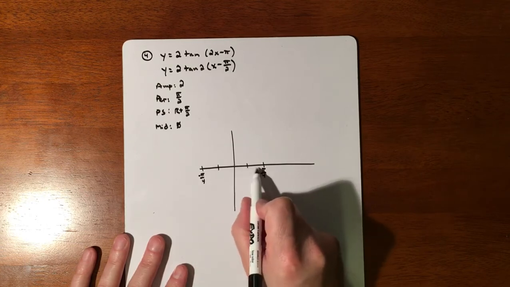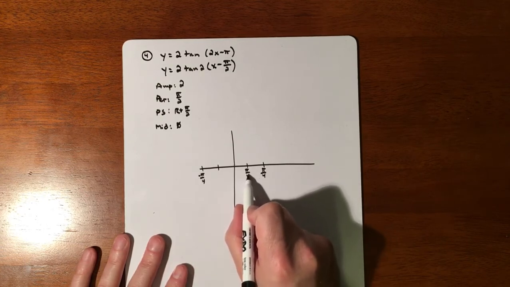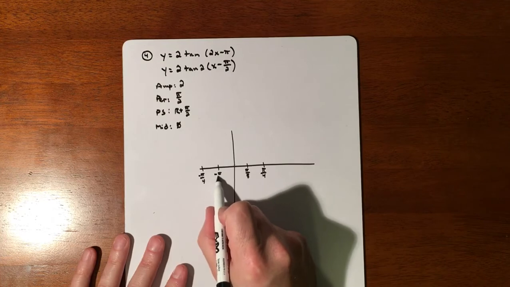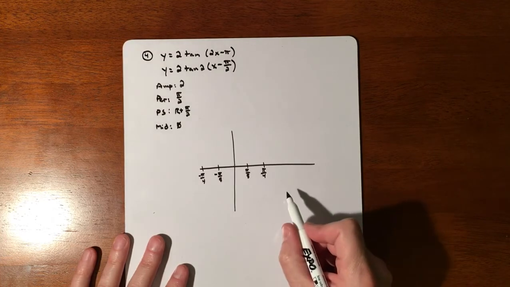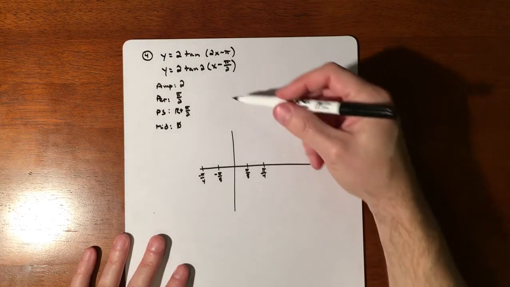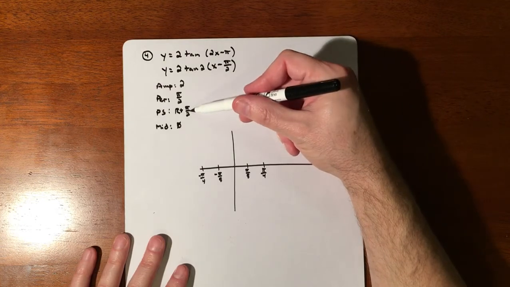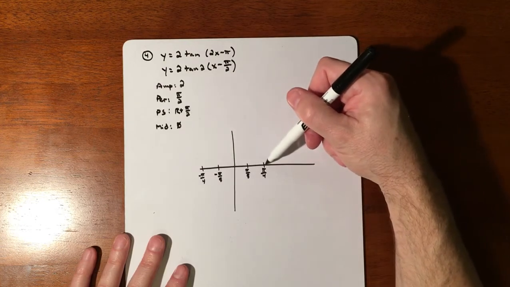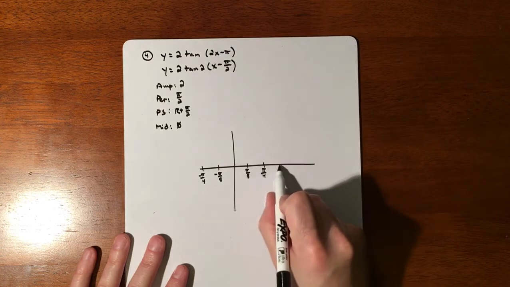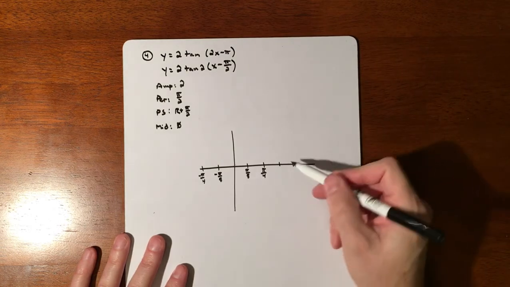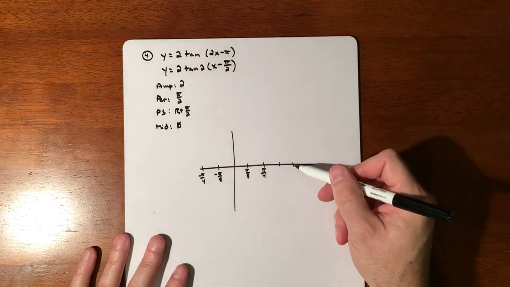And then cut that in half, so it's pi over 8. That's negative pi over 8. And then we are going to shift pi over 2. Well, that's not pi over 2. That's half of pi over 2. So we'll have to shift all the way to there.